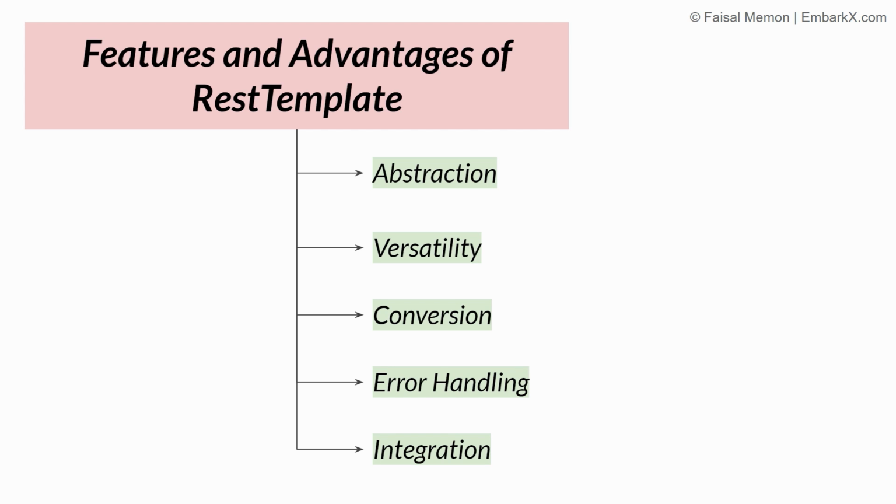So compared to other methods of inter-service communication, REST template stands out due to its simplicity and tight integration with Spring. However, it's worth noting that REST template is blocking, which means it waits for the server to respond before continuing with the execution.